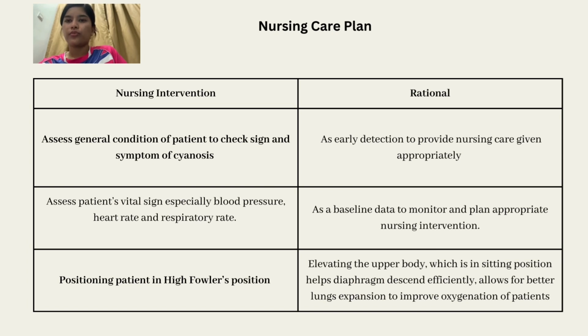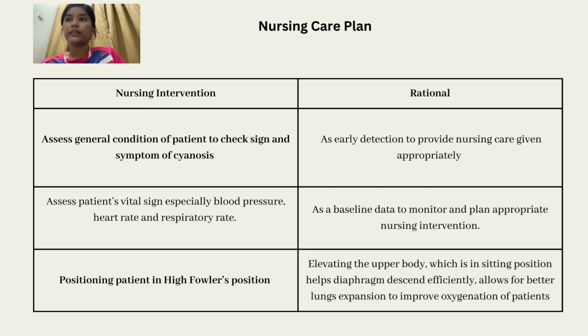So for the nursing intervention, the first one, we assess general condition of patient to check sign and symptom of cyanosis. This is as an early detection to provide nursing care appropriately. Then we assess patient vital sign, especially blood pressure, heart rate and respiratory rate.